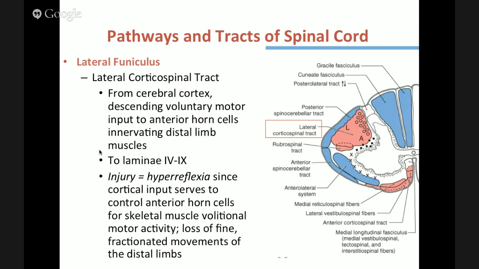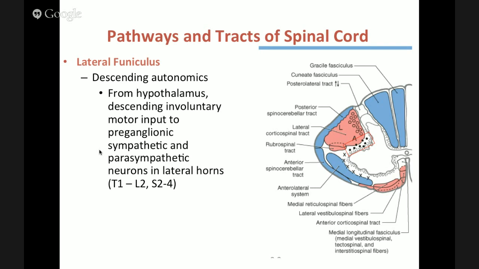Essentially, upper motor neuron damage is producing hyperreflexia, increased reflexes, and also increased muscle tone, though I don't have that on this slide. And as I mentioned, the lateral funiculus also contains the descending autonomics. This is the upper motor neuron pathway that regulates the activity of the preganglionic neurons. These are axons descending from the hypothalamus.